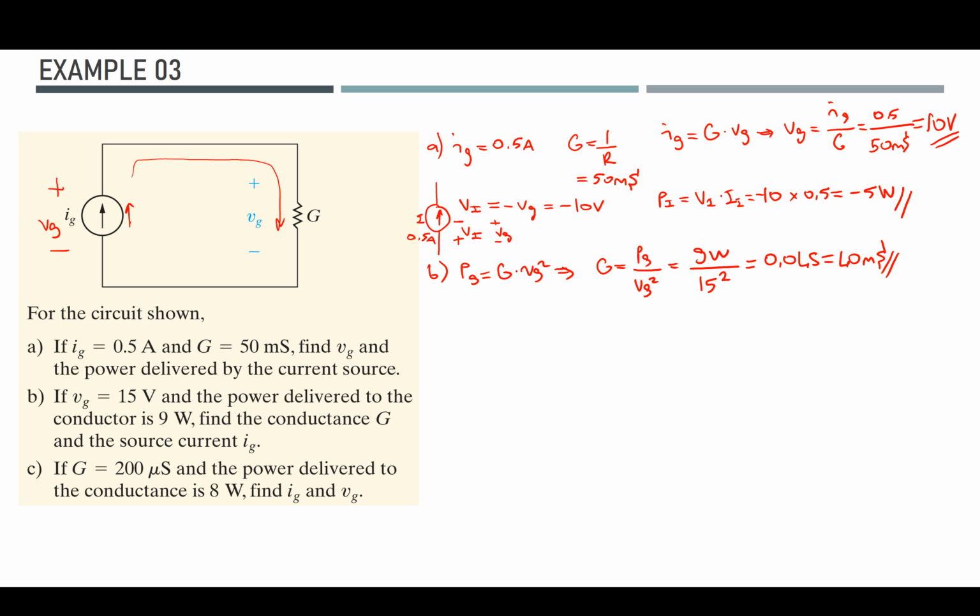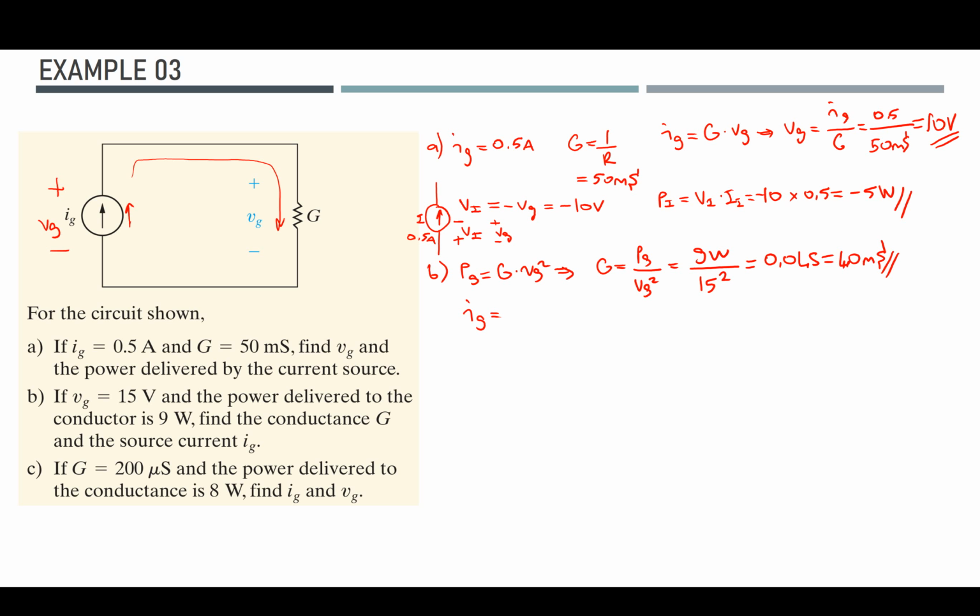Now I can also find the current that's being sourced, because if the conductance is 40 millisiemens, and since I know the voltage across the conductance, I can also calculate the Ig, which should be equal to the current source current.